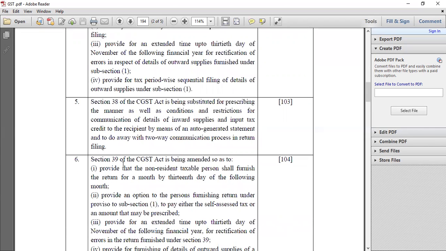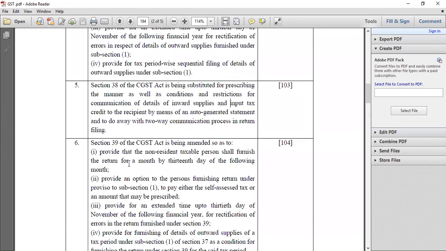Then amendment of section 39 of the CGST Act. It provides that the non-resident taxable person shall furnish return for a month by 13th day of the following month. The return to be filed by non-resident taxable person is in form GSTR 5.